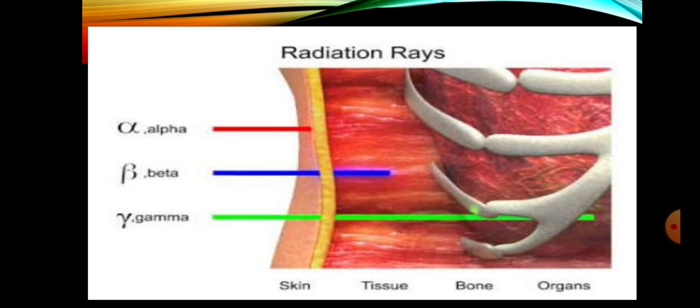Alpha radiation can pass only through the skin. Beta radiation can pass through skin and tissue, but gamma radiation, having high penetrating power compared to alpha and beta, can pass through skin, tissue, bone and organs and detect the defective part in the body.